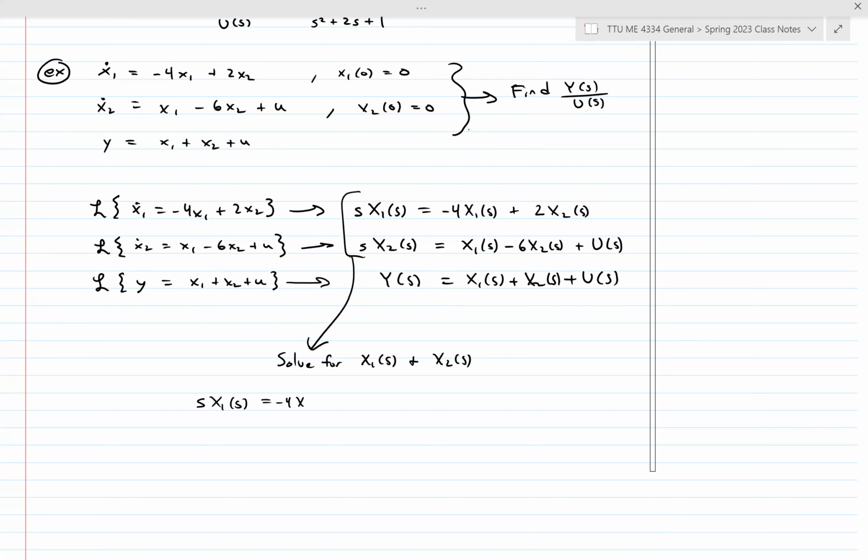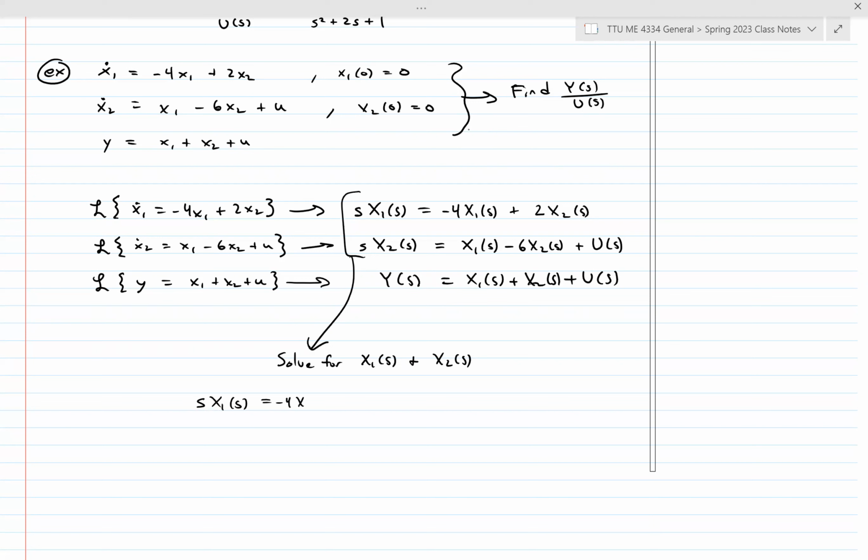Right? I'm going to multiply everything by s plus 4, just to get that off the bottom there. Right, and then we can solve this for x2 as a function of u. Right, I guess it would be, well, let's be careful about how we do this.